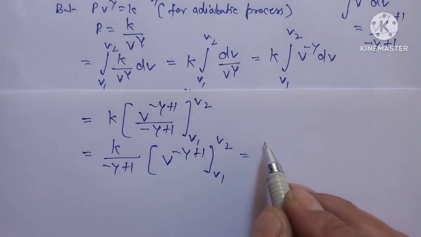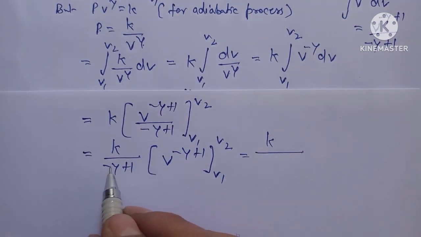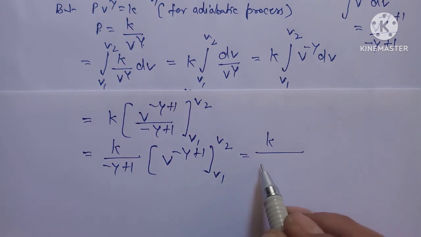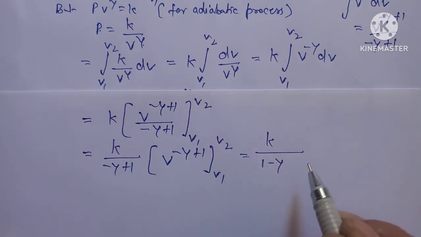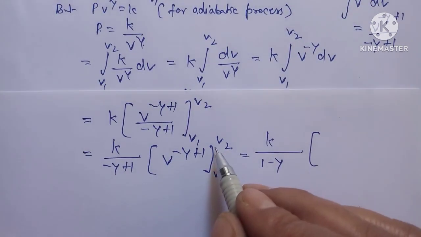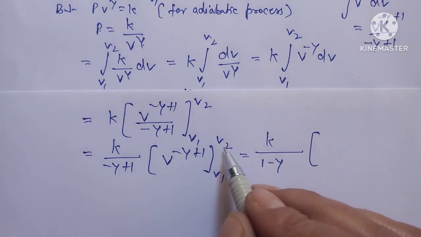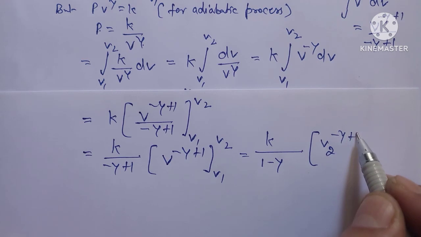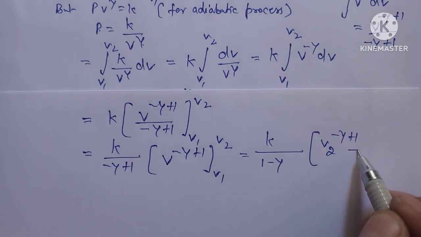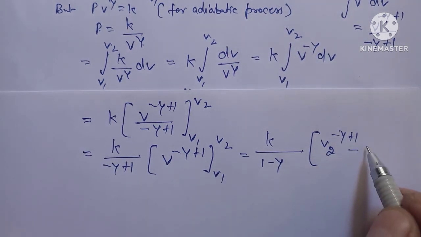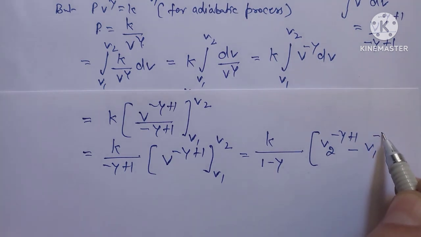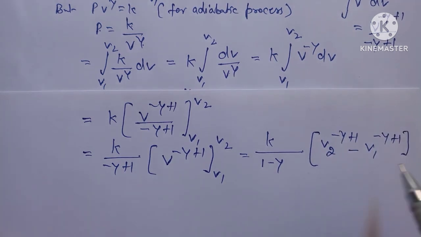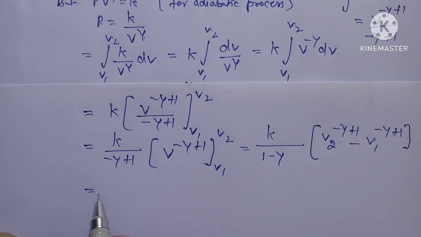We can write this as K over (1 minus gamma). Now we put the value of the upper limit, that is V2, so V2^(-gamma+1), and minus the lower limit V1, so it becomes V1^(-gamma+1).